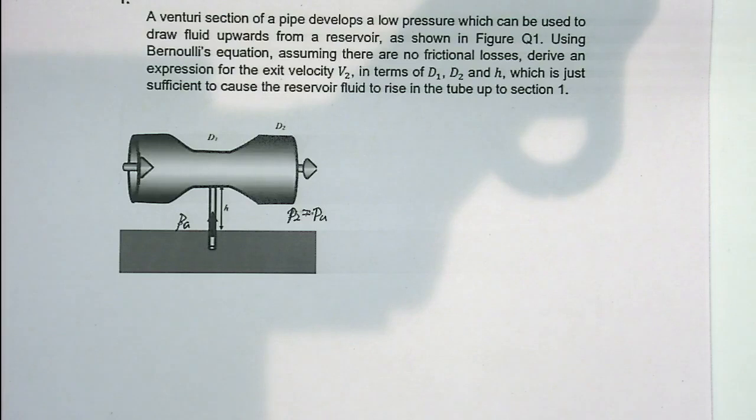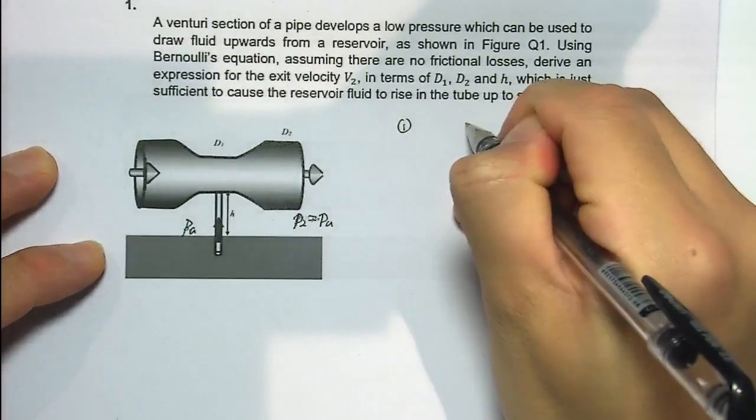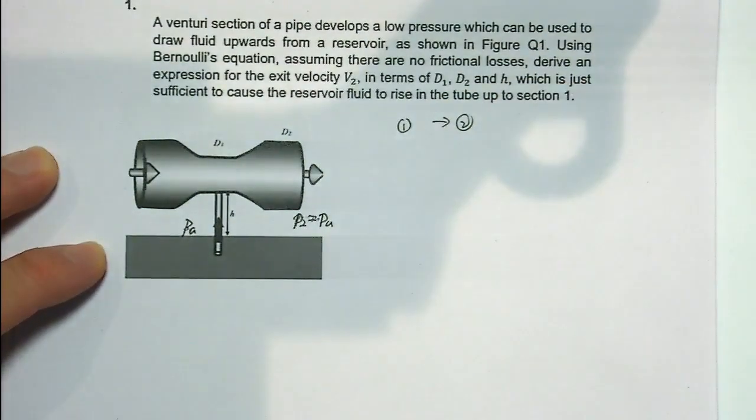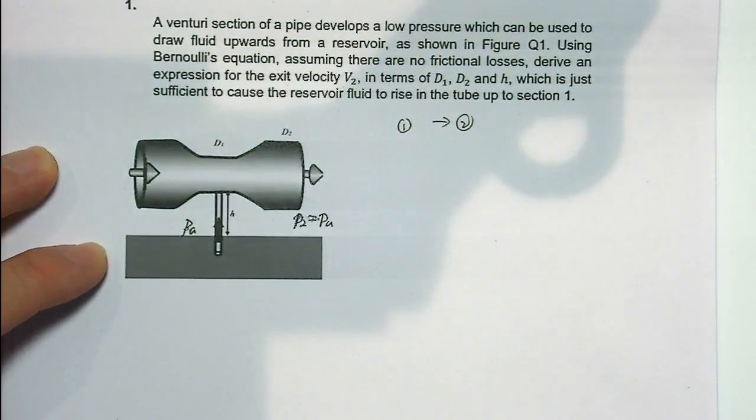First of all, the most basic principle we use is the continuity equation, applying on positions 1 and 2. Because it is incompressible, we use the continuity equation for the volume flow rate.